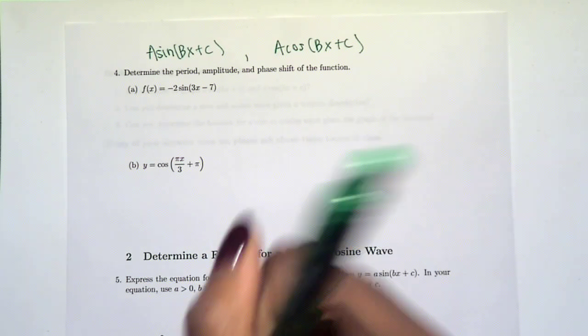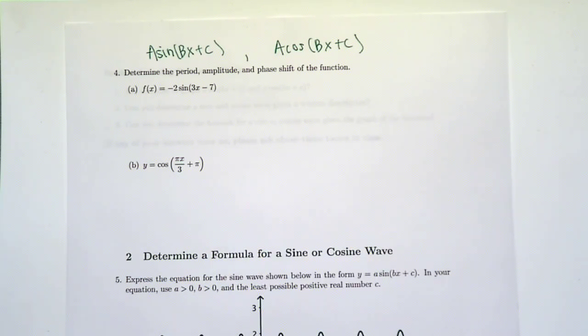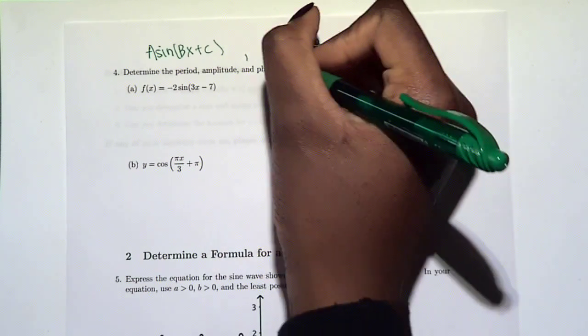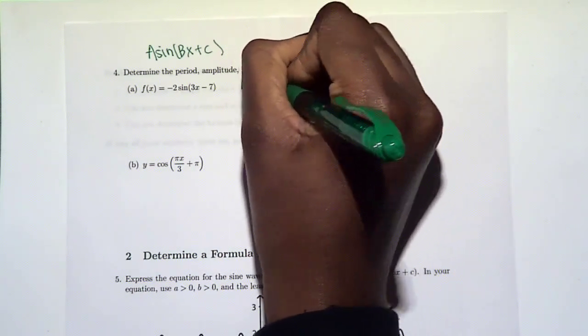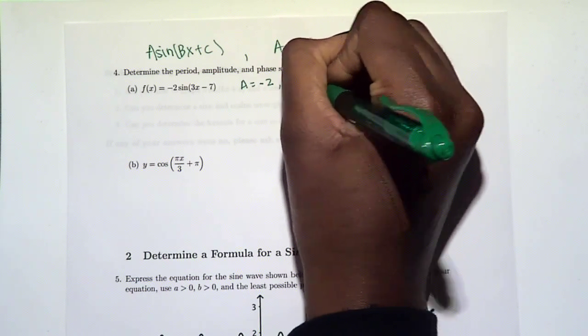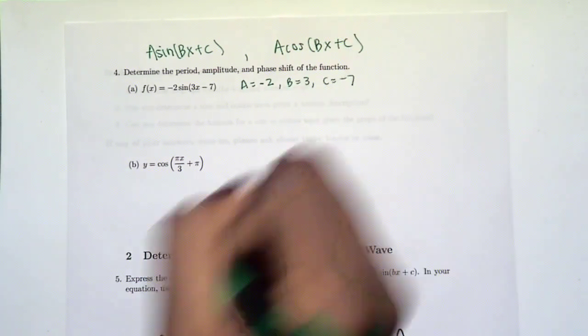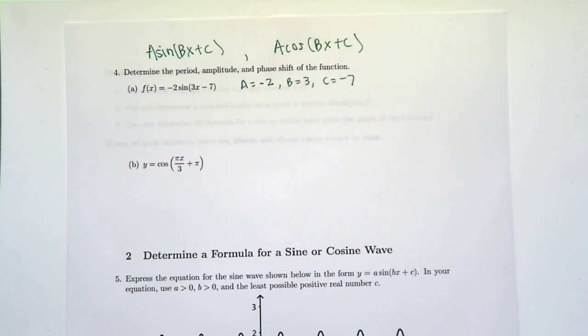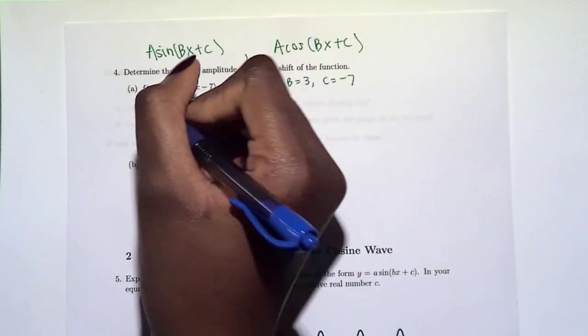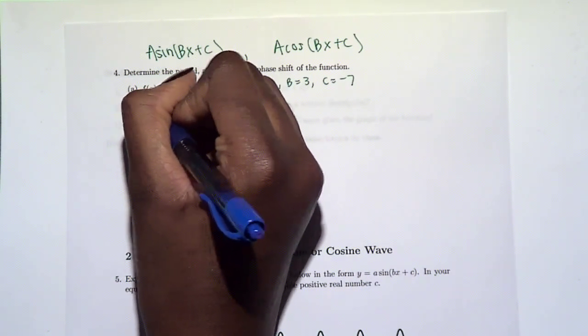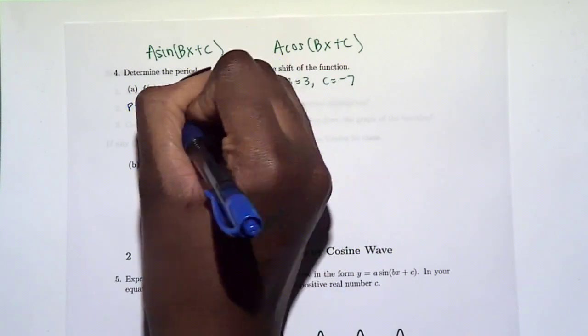For the first problem, negative 2 sine of 3x minus 7, our a is negative 2, b is 3, c is negative 7. Okay. All right, so first question is, what is the period of our graph?